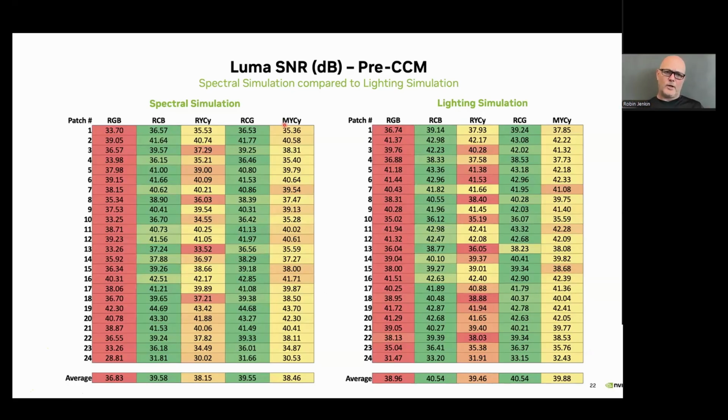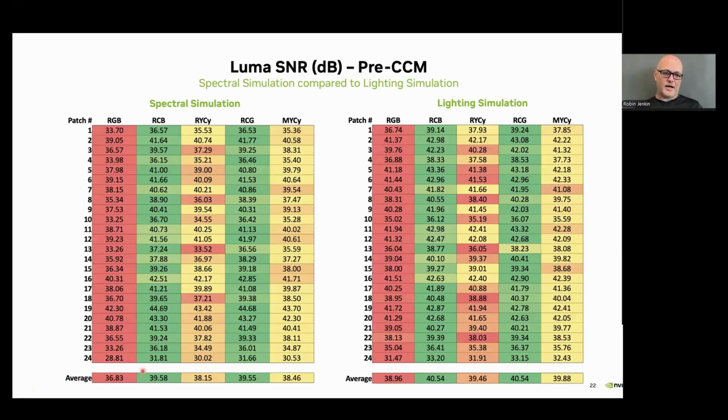So we have luma SNR in decibels pre-CCM, and this is each patch of the Macbeth color checker. And we have the spectral simulation on the left and the lighting simulation on the right for each of the CFAs.